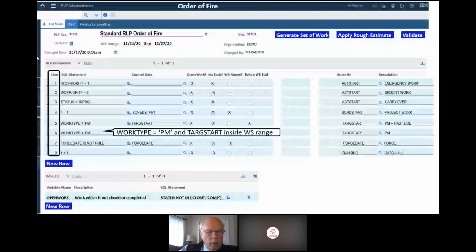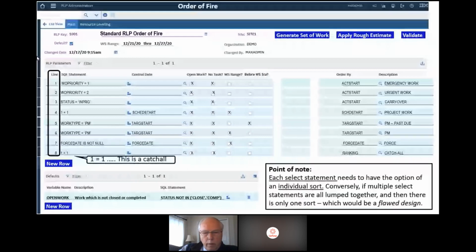This is just an example, and you can move things higher or lower in that order of fire statement. The key point is each individual select statement has the option of individual sort. And we're only looking at open work with no task and whether or not it's inside the weekly schedule range.